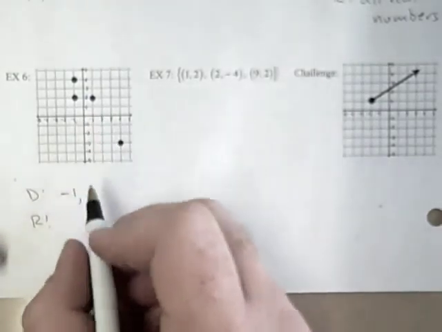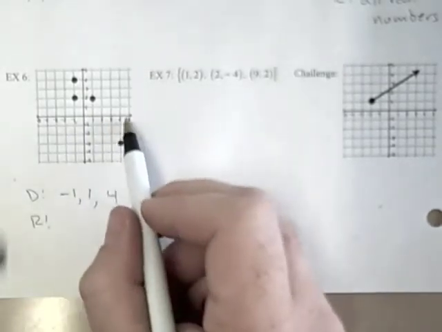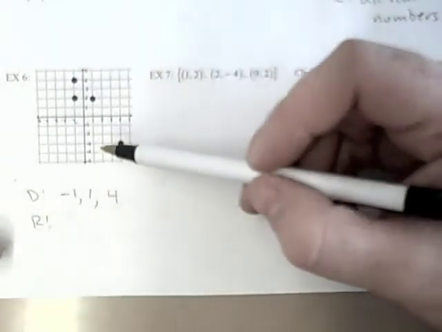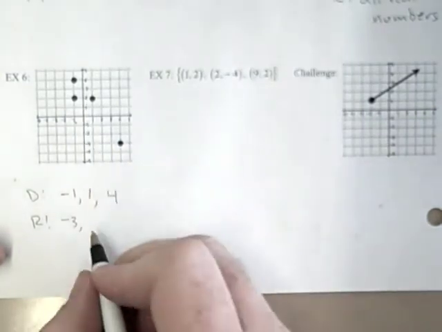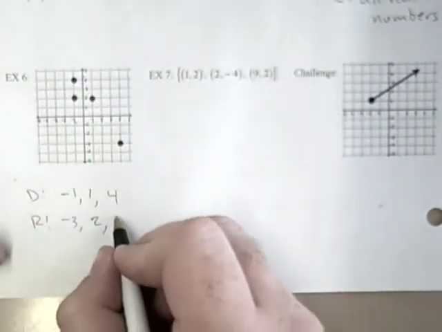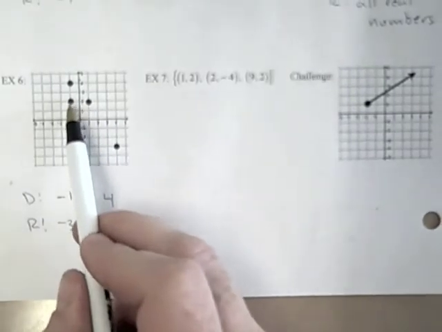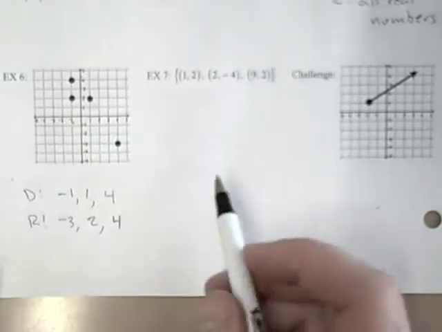There's nothing at 0, there is something at 1, and there is something at 4, again here. For the range, I do the same thing, except on the y-axis. I see -3 has a dot, 2 has a dot, and 4 has a dot. Notice that I did not repeat the 2 or the -1 because you only write it once.